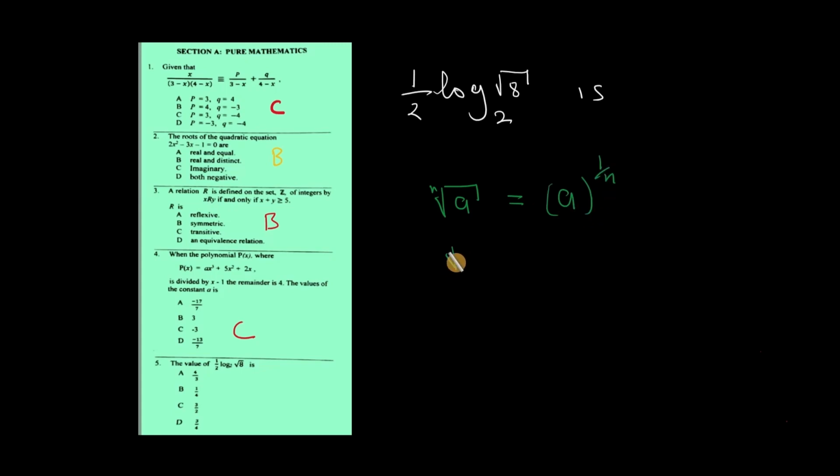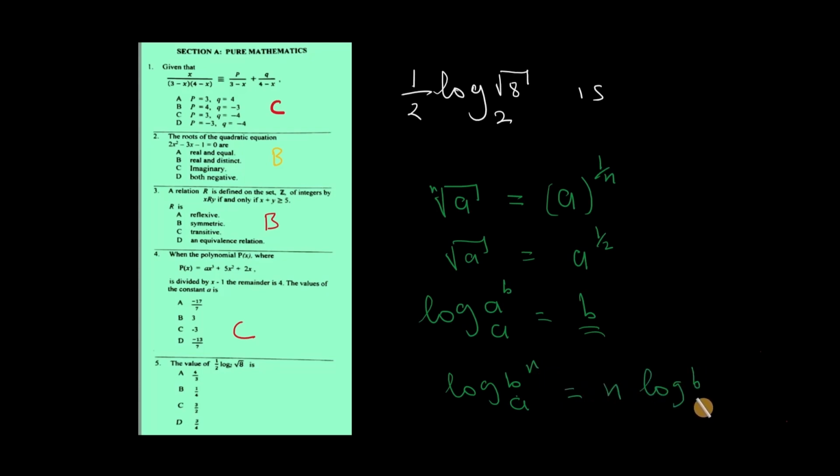It means root a is the same as a to the 1 on 2. You also have to know that from logarithms, log a to the b base a is equal to b. You also have to know that log b base a to the n is the same as n log b base a.